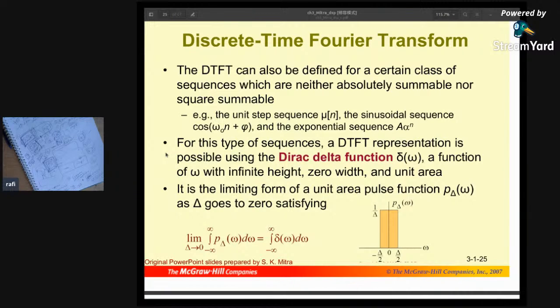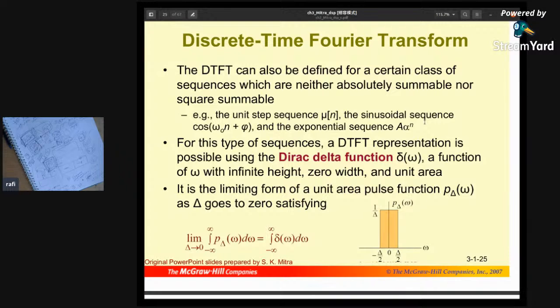So there are different kinds of sequences. First we'll see the Dirac delta, which in the frequency domain is delta of omega, and it follows the same definition as the continuous time impulse signal. What is the continuous time impulse signal? It has zero width and infinite height.